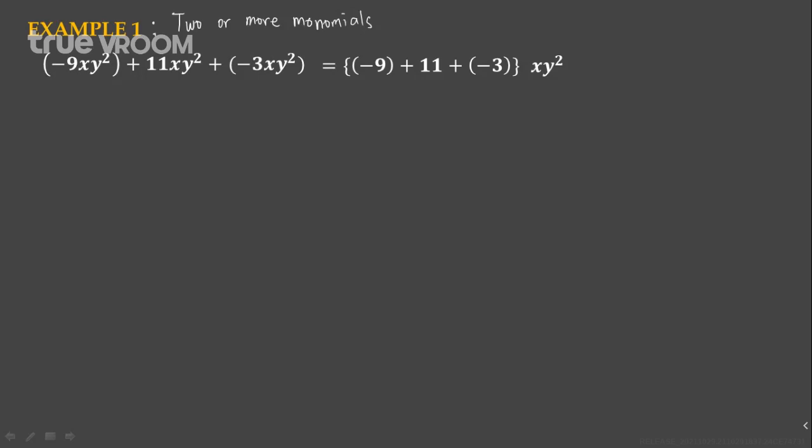Okay, if you are going to step by step add the numbers, what is negative 9 plus 11? 3. Okay, that is 3. 3 plus negative 3 is 0. All right, so if it is 0, what will be your final answer?